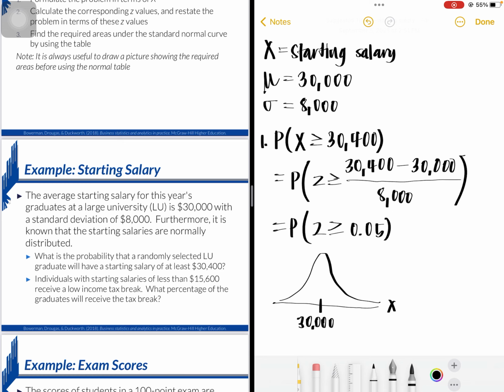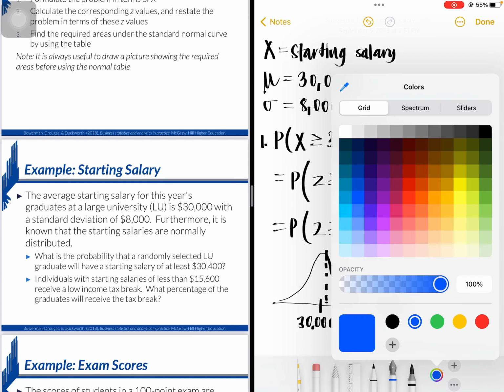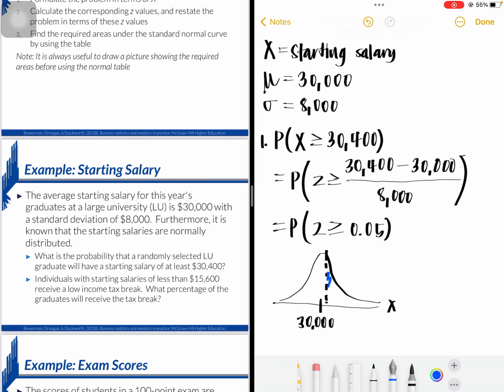And we need to get the probability that the starting salary is at least 30,400. So it must be somewhere here to its right. And what we need is the area to its right. This one. So this is what we are looking for.